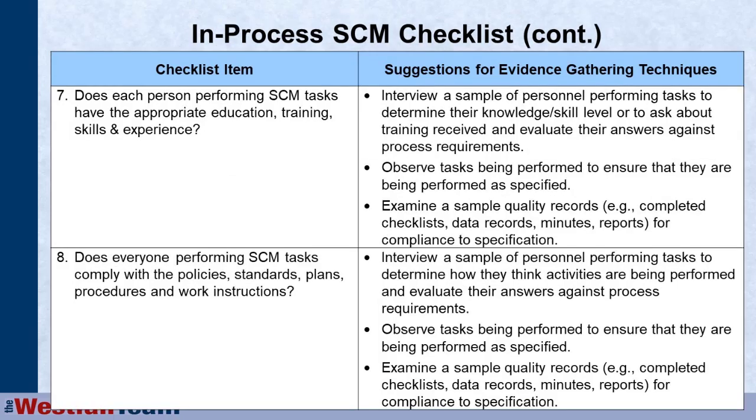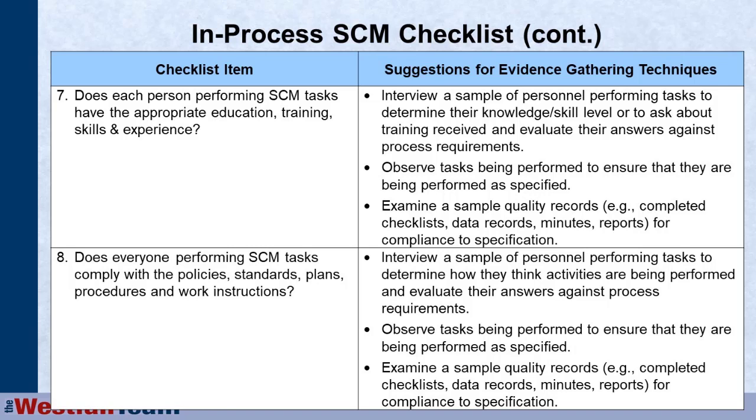Does the person performing the CM activities have the appropriate education, training, skills, or experience? Of course, we can sample a set of personnel and talk to them about their knowledge, their skill, their experience, ask them about training they've received, and evaluate their answers against the requirements for training within the process.